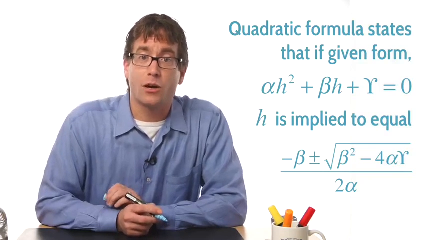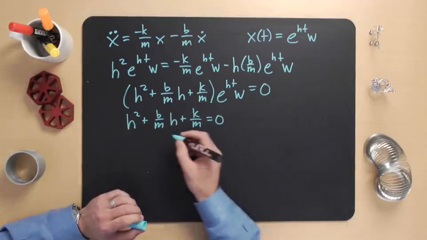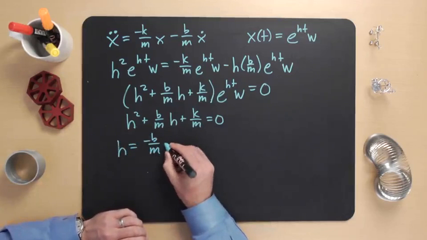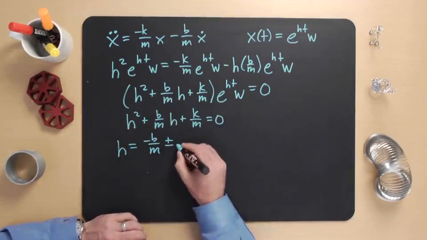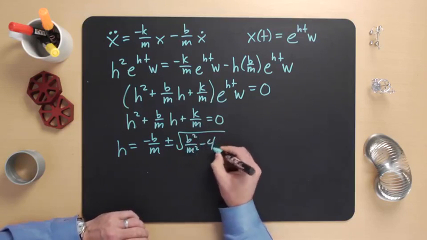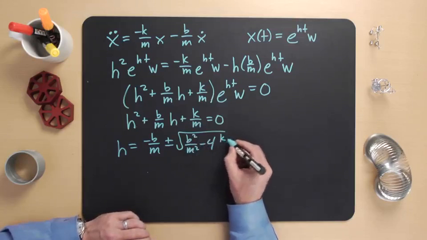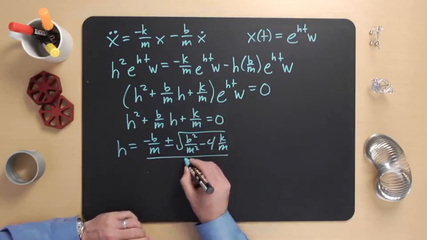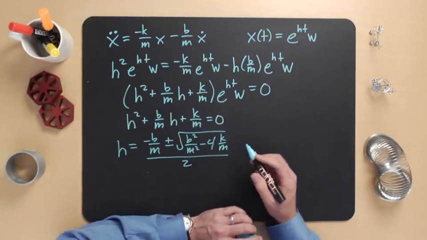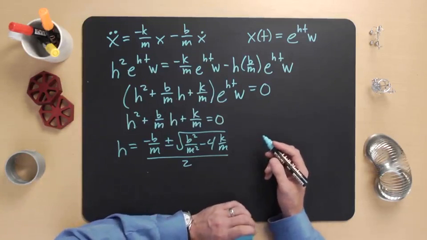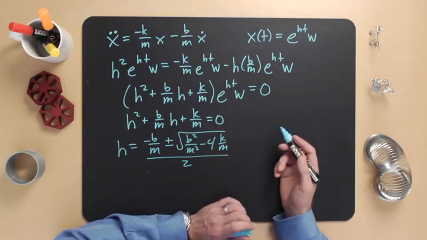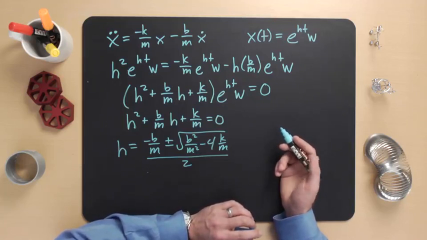In our specific case, the quadratic formula tells us that h is equal to minus b over m plus or minus the square root of b squared over m squared minus 4 times k over m, all of that divided by 2. This means that the h in the exponential solution is a solution to the quadratic formula. Note that the plus or minus sign means that there will be two solutions, one that corresponds to the plus sign and one that corresponds to the minus sign.